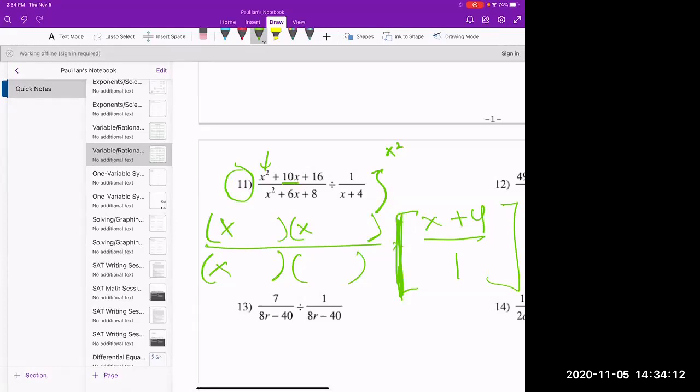Let me see. Let's start with maybe adding something. Let me think if you can even do this one. Actually, let's not do that one yet. So the question to ask always is, these two guys are always related, whatever is on the outside here has to be multiplied to get you 16, right?